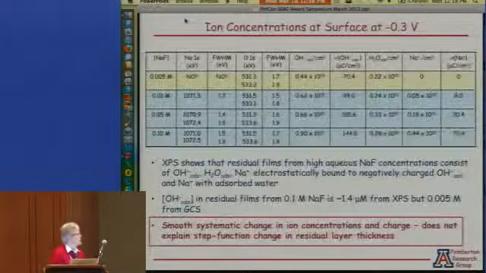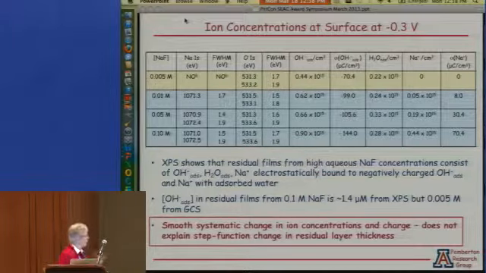Now, the interesting thing is you take all this XPS data, you take what you know about the electrode surface charge, and you calculate what the surface concentration, or the equivalent surface concentration, because actually it's in a small volume, of these different species is with electrolyte concentration. And you see that it systematically changes both for the hydroxide and for the sodium.